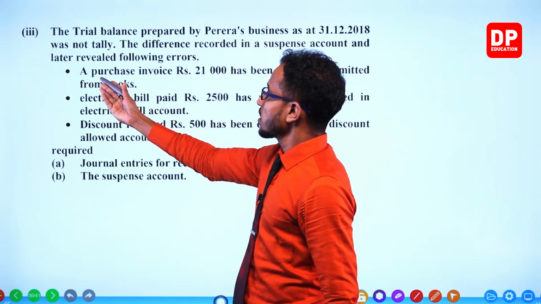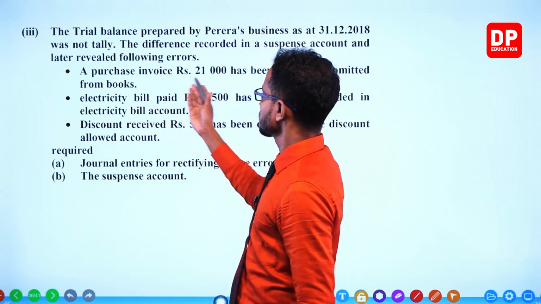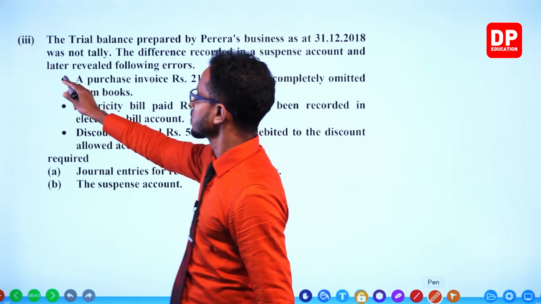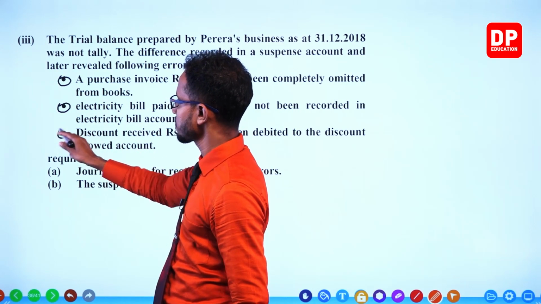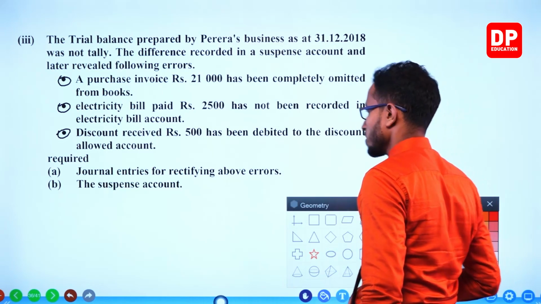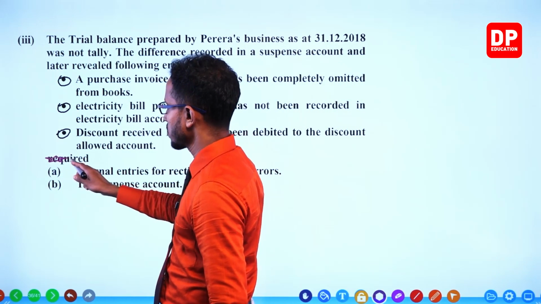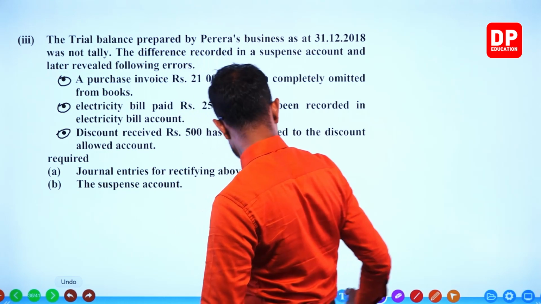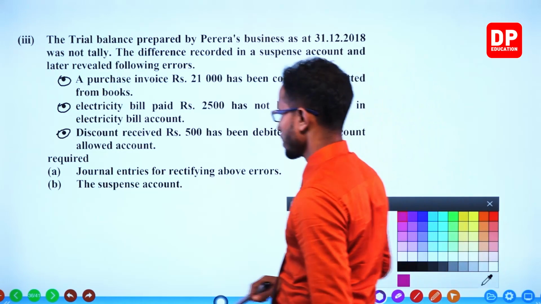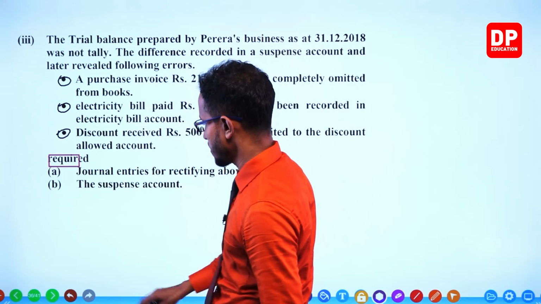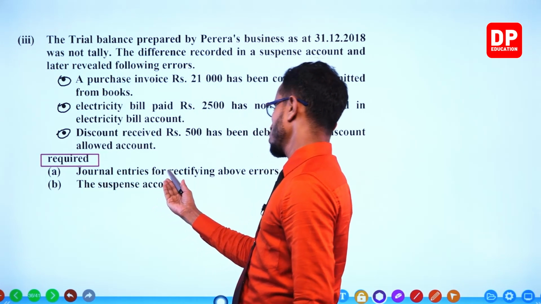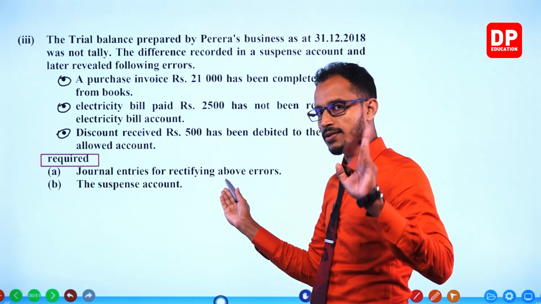Errors are given, 1, 2, 3. What is required? Required is this: journal entries to correct the errors.